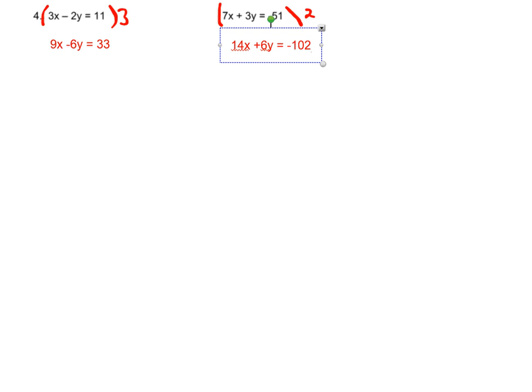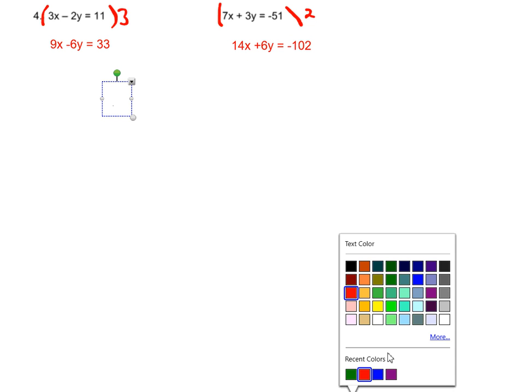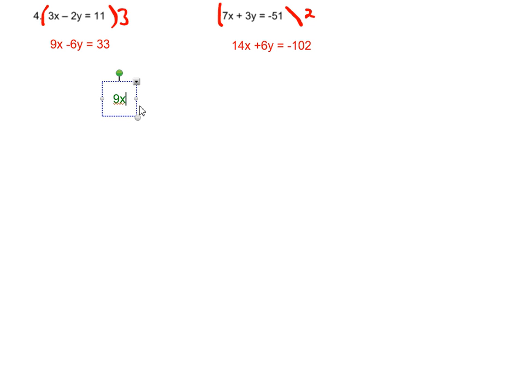Now I can set these up as an adding or subtracting equation. So I have 9x minus 6y is equal to 33, and 14x plus 6y is equal to negative 102.